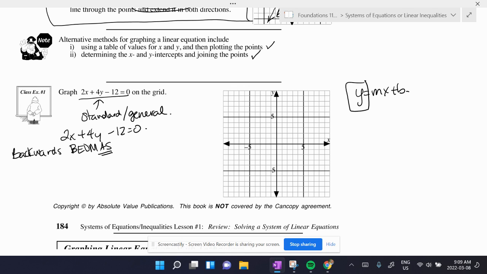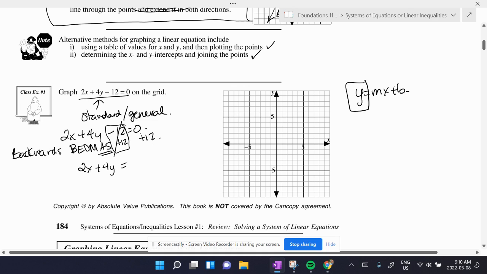Everybody with me? Okay. So I'm going to start by adding 12 to both sides. Minus 12 and plus 12 gives me a 0. So now what I'm left with on this side is 2x plus 4y equals 0 plus 12, 12.